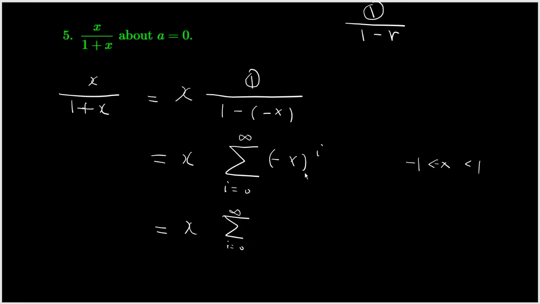Again, I do not want to treat that as the final answer, because in the definition of power series, every term should be a number times a power function. So that's why I want to write the underlying term as a number, negative 1 to the power of i, and then times x to the power of i. So that makes sense?